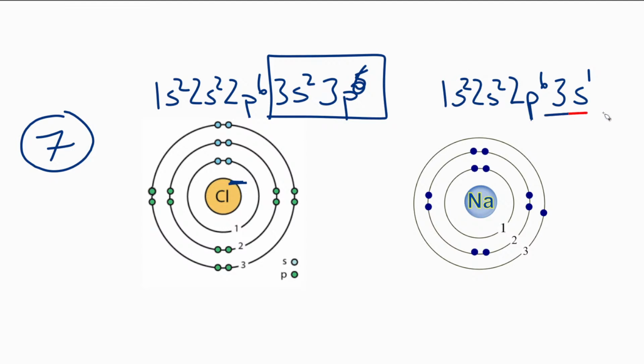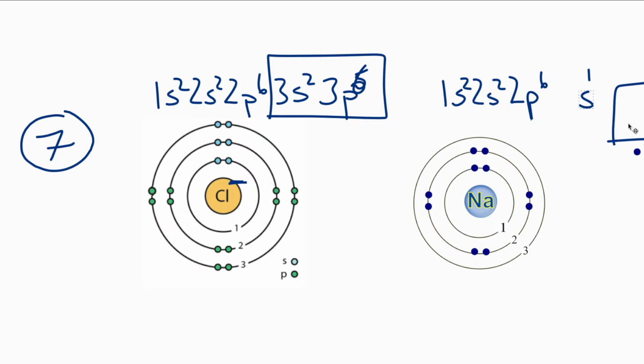Sodium ends in 3s1. It only has this 1 valence electron. So it'll lose that. It won't try to gain 7 to get 8. Sometimes it'll lose it to chlorine, like in NaCl. When it loses that, it loses this here. Underneath it, it has right here 2s2, 2p6, 8 electrons.